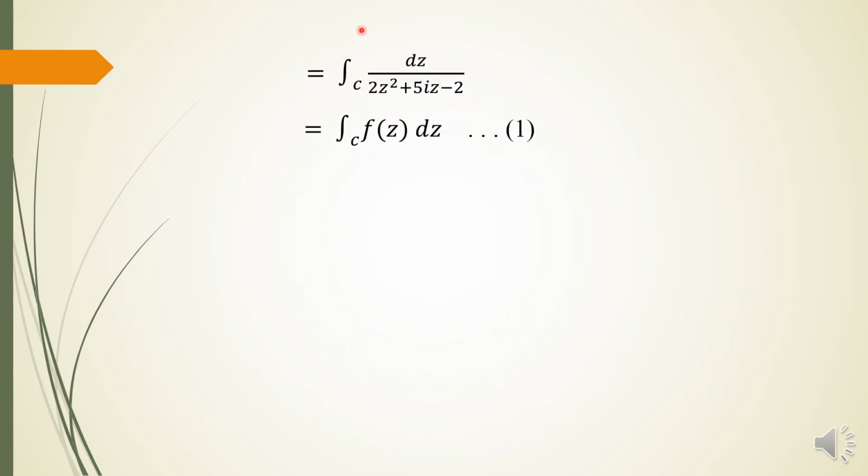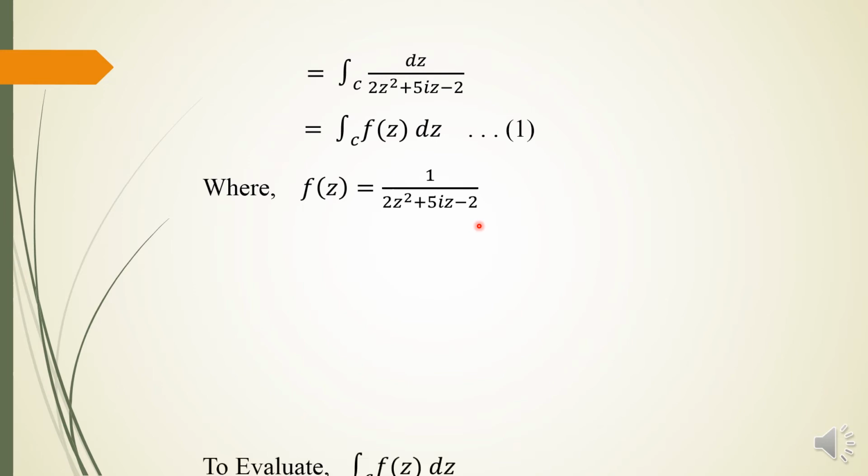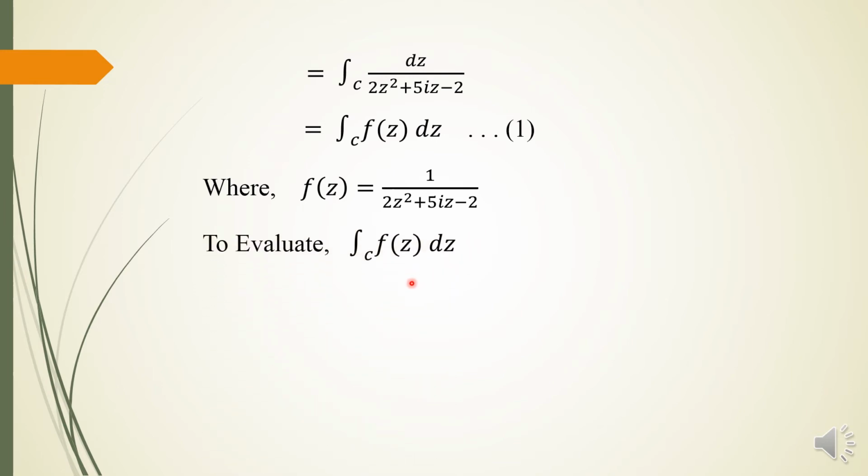Simplifying, we get dz divided by 2z square plus 5iz minus 2. Consider this integrand as f of z. So, this becomes integral over C f of z dz, where f of z equals 1 by 2z square plus 5iz minus 2. Now, we want to evaluate integral over C f of z dz.